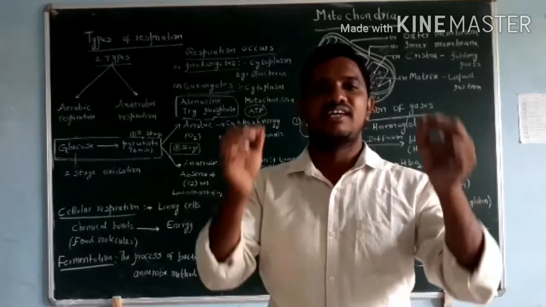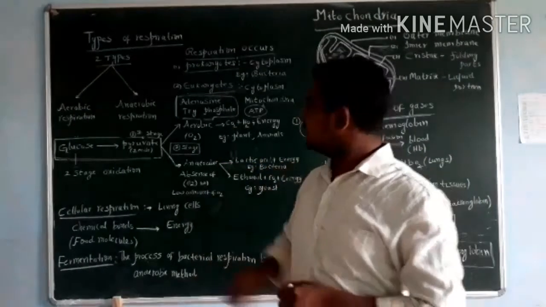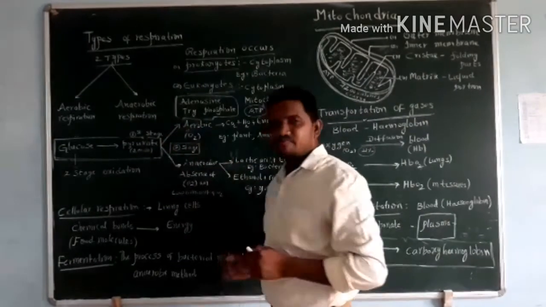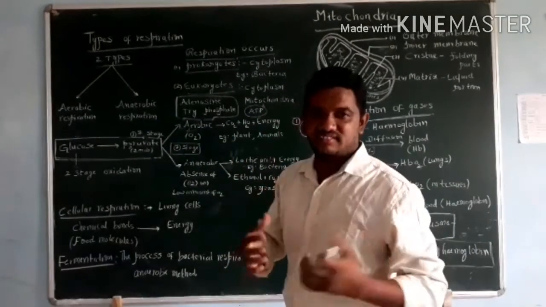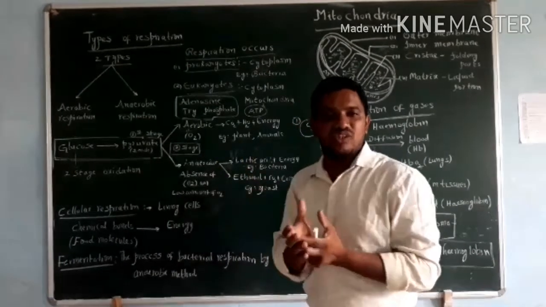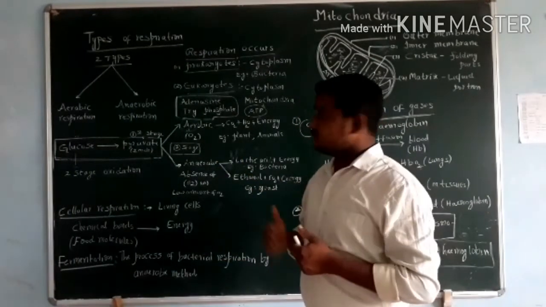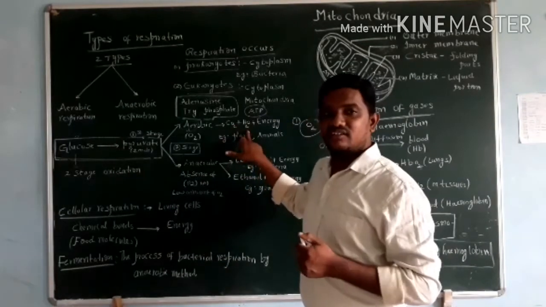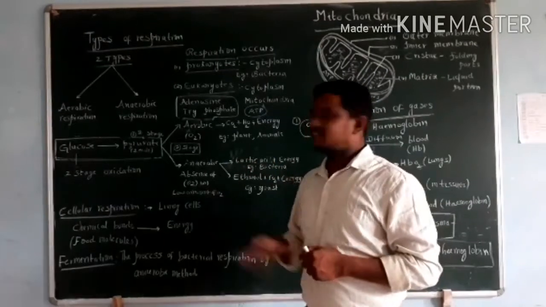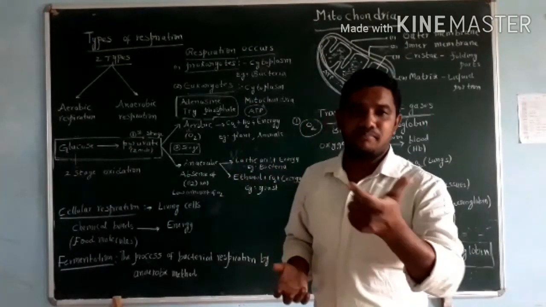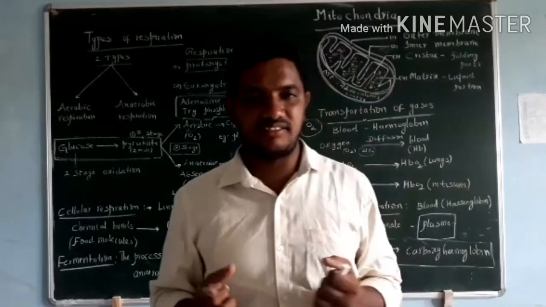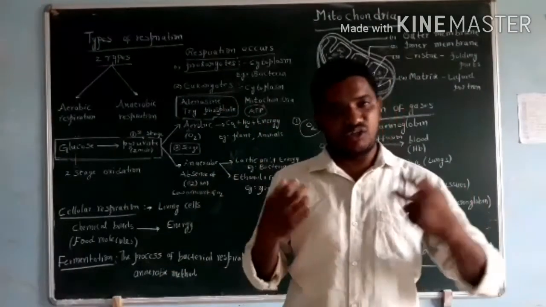The term aero here means in the presence of oxygen. The food materials are oxidized, which releases carbon dioxide, water and energy. It commonly occurs in plants, animals, including human beings.